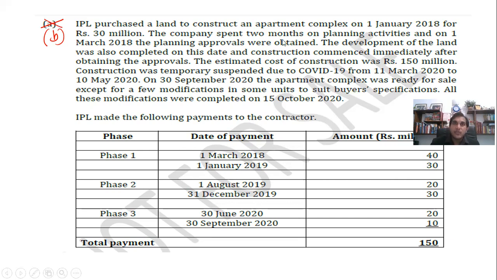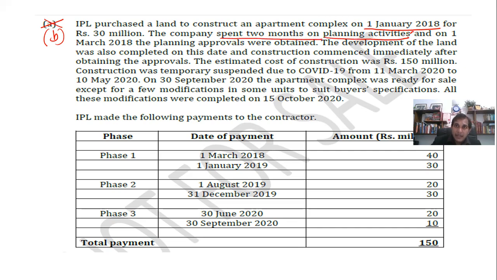The company spent 2 months on planning activities, and on 1st of March 2018 the planning approvals were obtained. Now please underline that 1st of January 2018 the land was purchased and the company spent 2 months on planning activities.